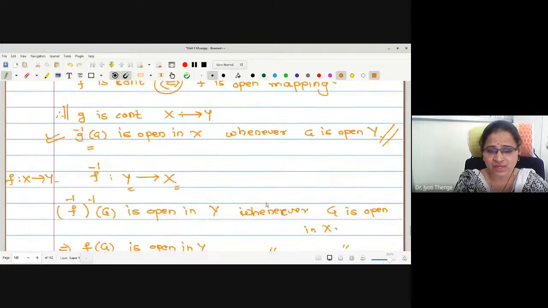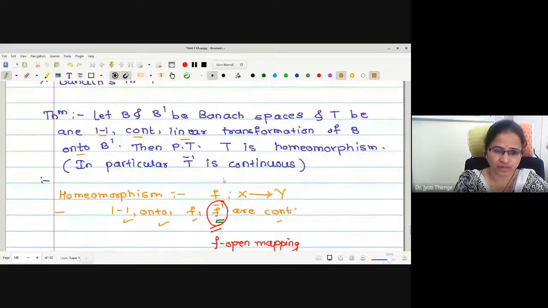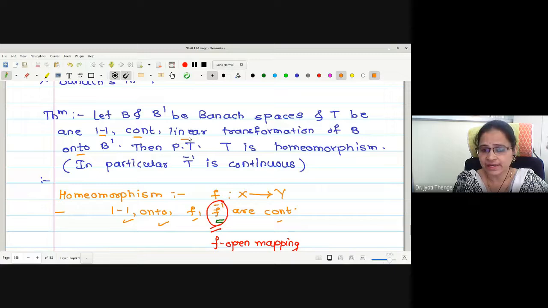If you understand this concept, let me go for the proof of the Banach theorem. The proof is within 2 lines itself. Is it okay? Okay. Now, how many conditions do we have in our hand? We have one continuity, and linear, and onto as well. It remains that either we want T inverse to be continuous, or T should be an open mapping.